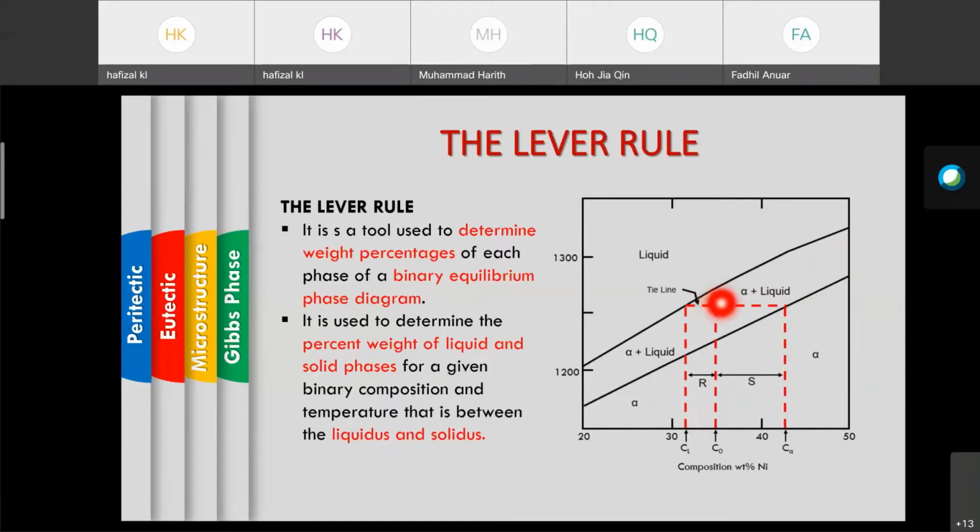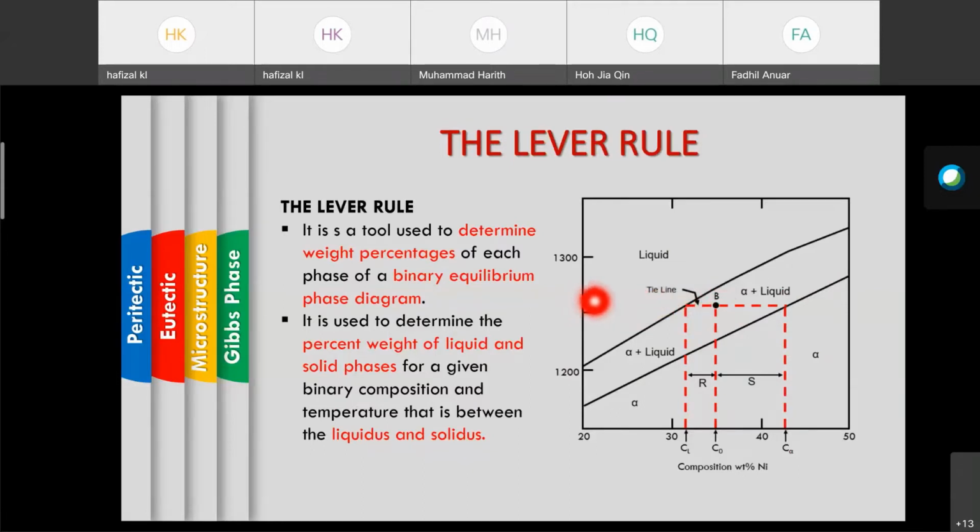We know the phase condition, whereby we have alpha and liquid. So from there we need to determine the composition. In this case we need to draw a tie line here, whereby the tie line is a horizontal line at the value of this temperature, so we can determine the temperature here.